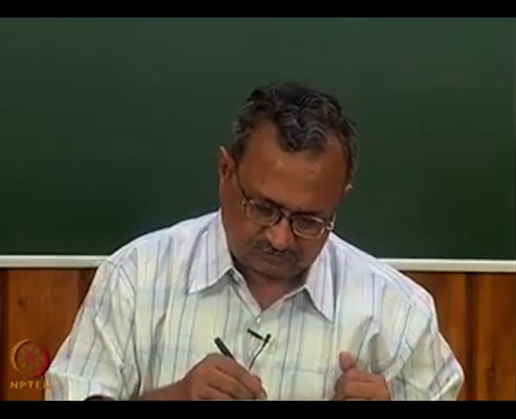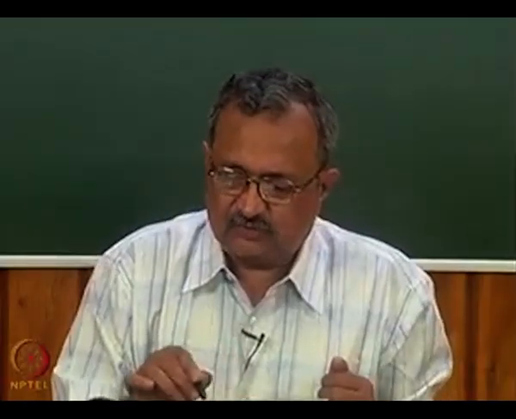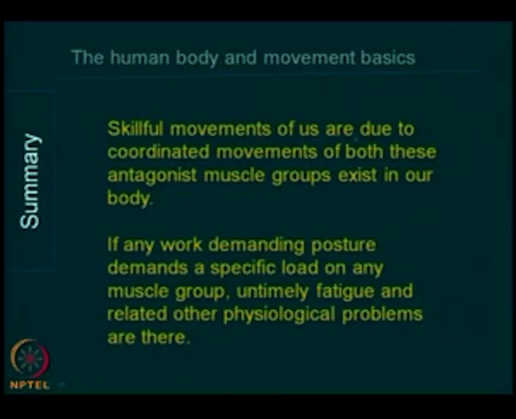So, now skillful movements of ours are due to coordinated movements of both these antagonistic muscle groups that exist in our body. If any work-demanding posture demands a specific load on any muscle group, ultimately fatigue and related other physiological problems are there.